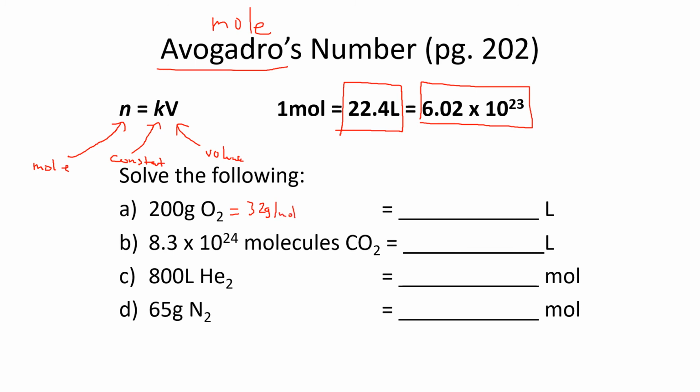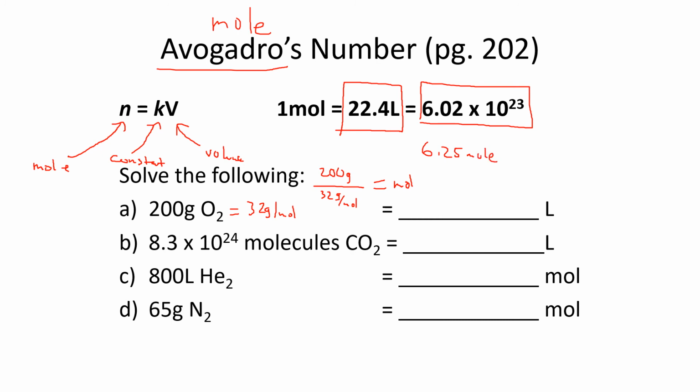All right. But how many moles do you have? I have 200 grams of oxygen. I have to divide that by my molecular weight, which is 32 grams per mole. That gives me moles, right? So how many moles do I have? 200 divided by 32. 6.25 moles.